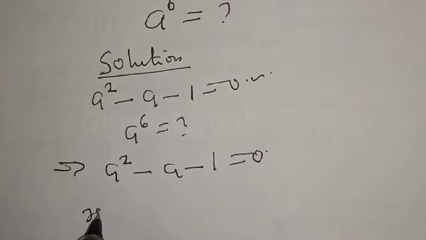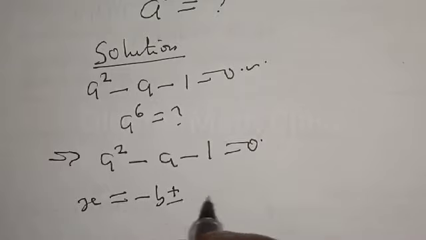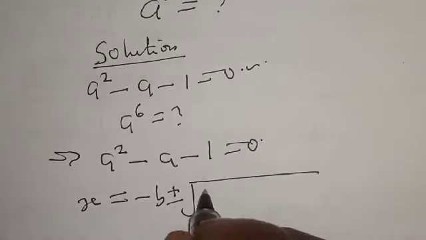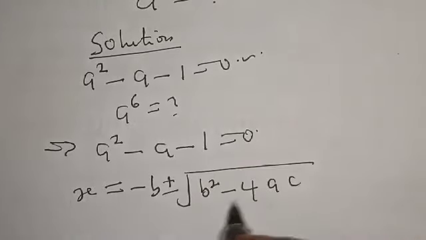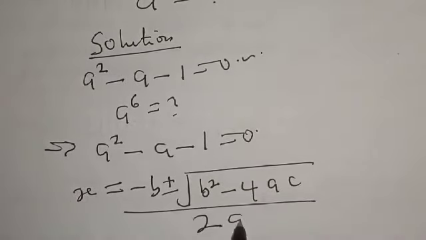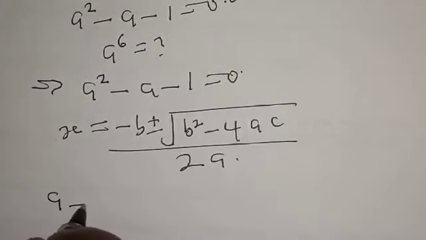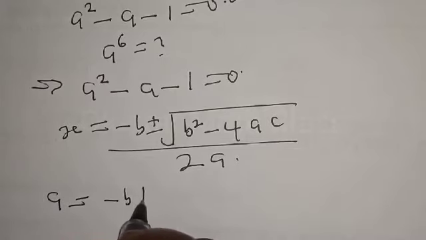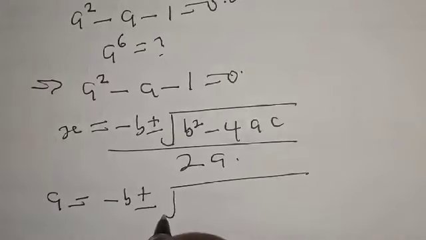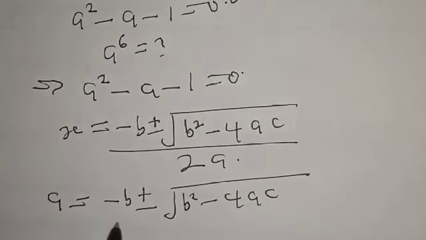We know that x is equal to minus b plus or minus square root of b squared minus 4ac over 2a. Then this implies that we have a equal to minus b plus or minus square root of b squared minus 4ac over 2a.